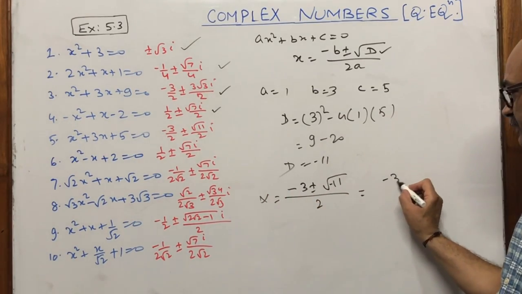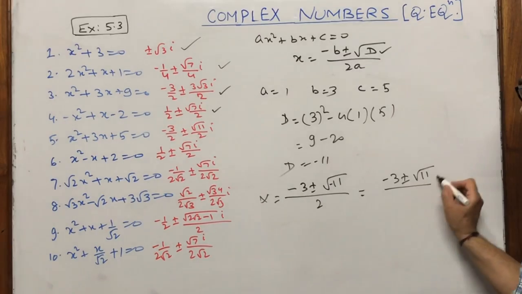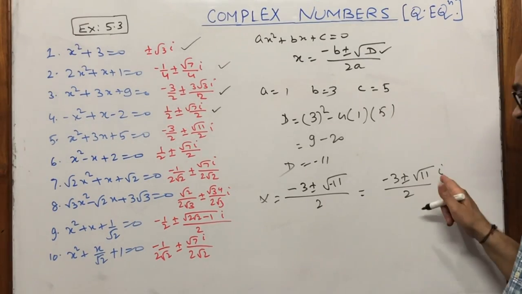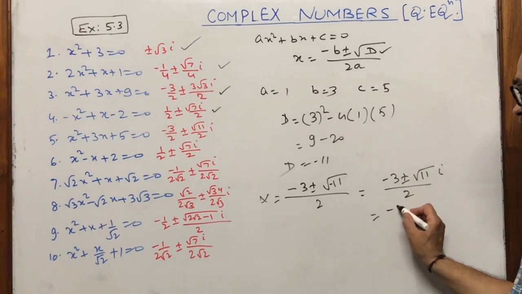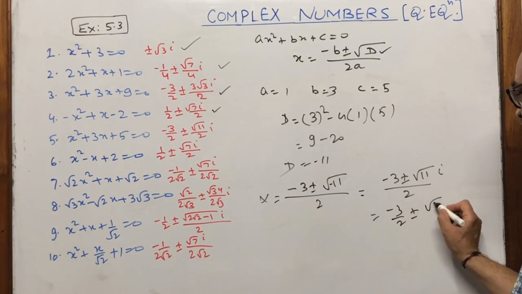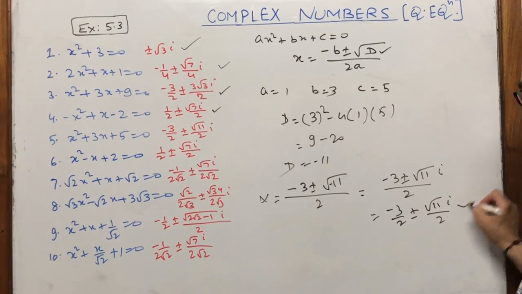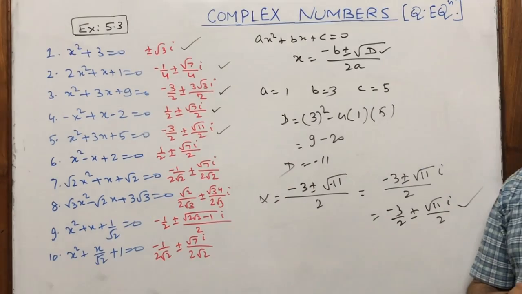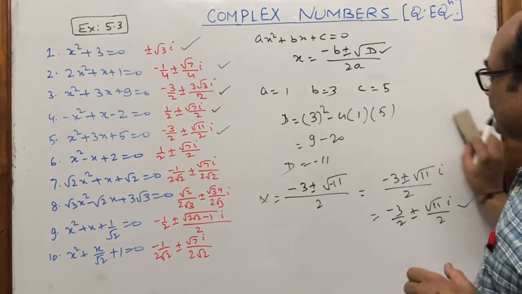So x equals minus 3 plus minus root 11 iota by 2. Root of minus 1, what are we writing again and again? Iota. And see, in the complex standard form, what we are writing? Minus 3 by 2 plus minus root 11 by 2 iota. Now the sixth sum.